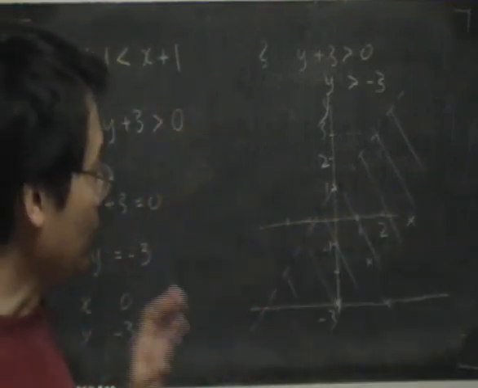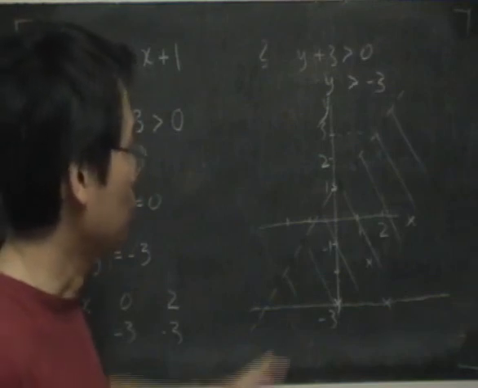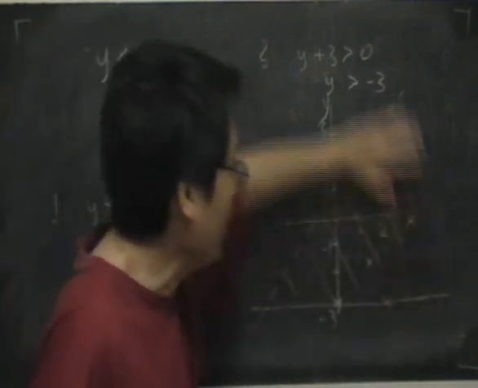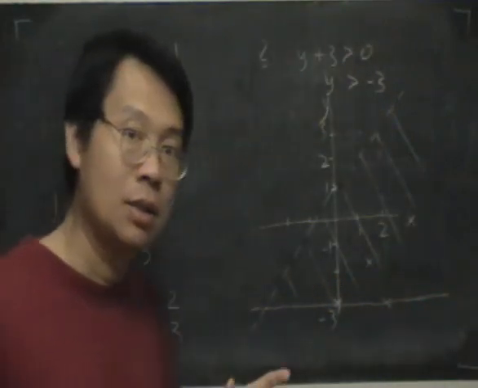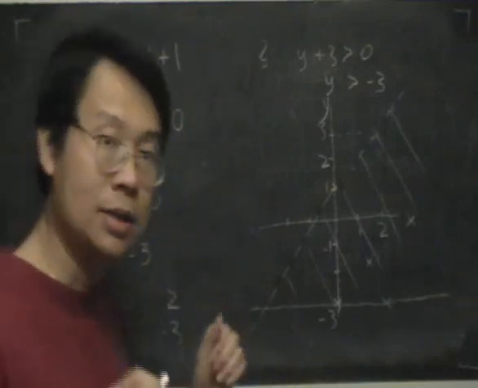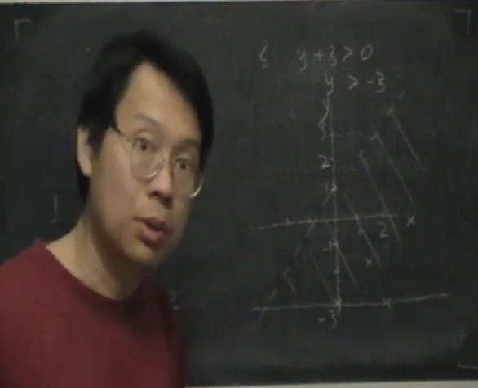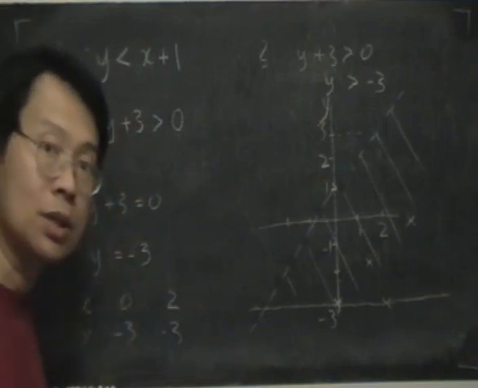Okay, so what that means is that the whole area above this horizontal line are points that have the possible y and x values for this inequality.